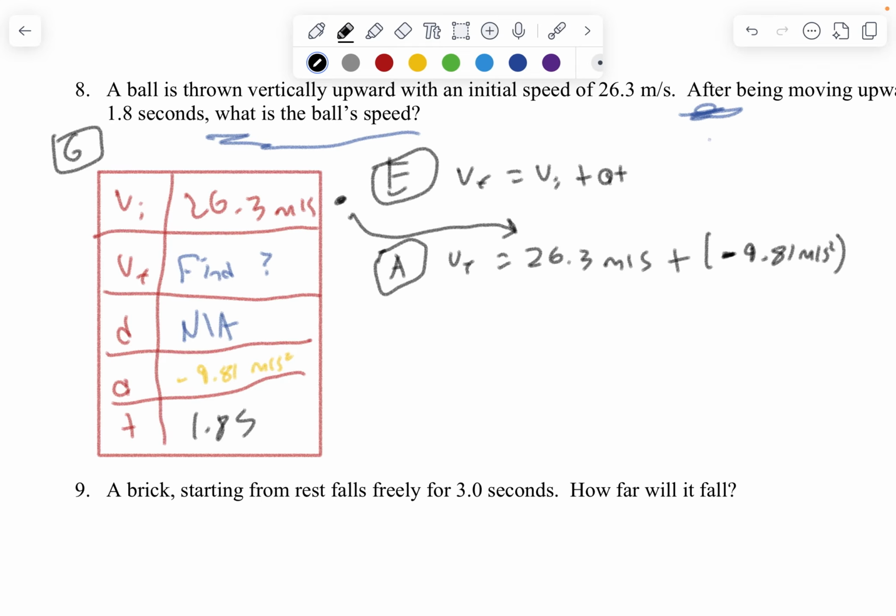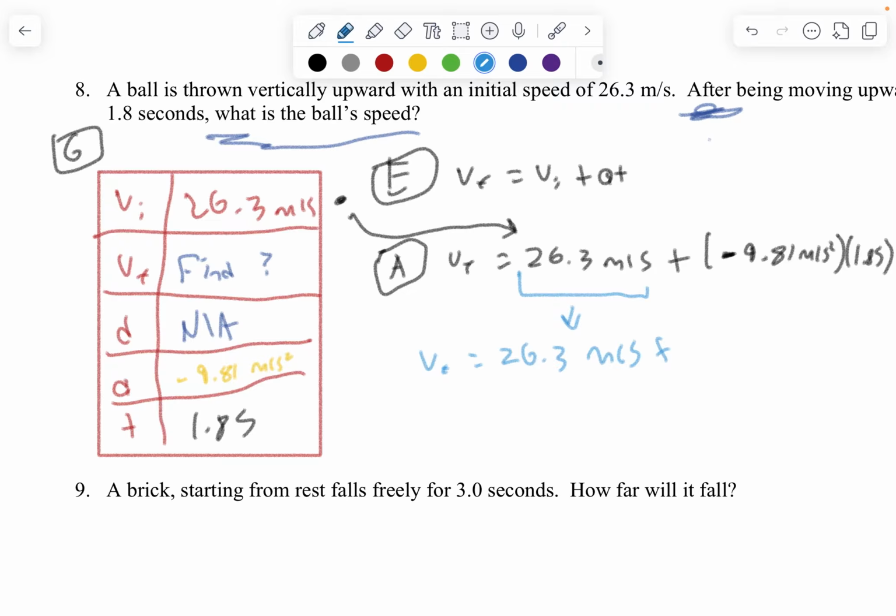Time is 1.8 seconds. Okay, let's do each side. Final velocity equals 26.3 meters per second, nothing else on that side, plus, well, what's negative 9.81 times 1.8?